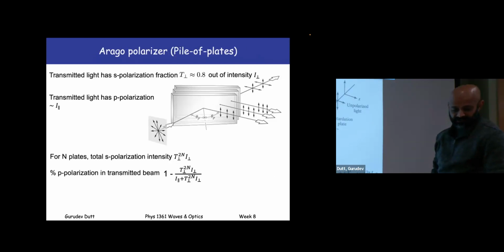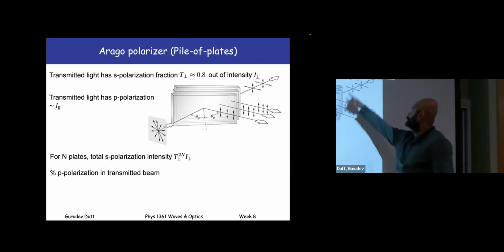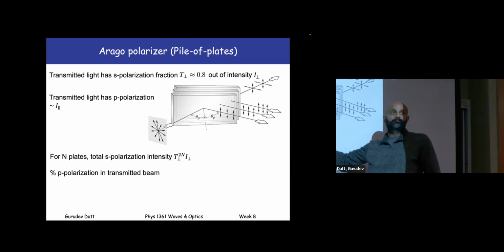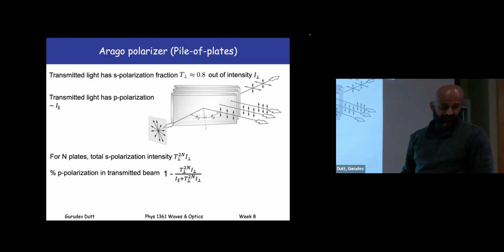And so this way, as you can see, because T perpendicular is 0.8, this guy here, as I increase the number of plates, is going to keep decreasing rapidly.